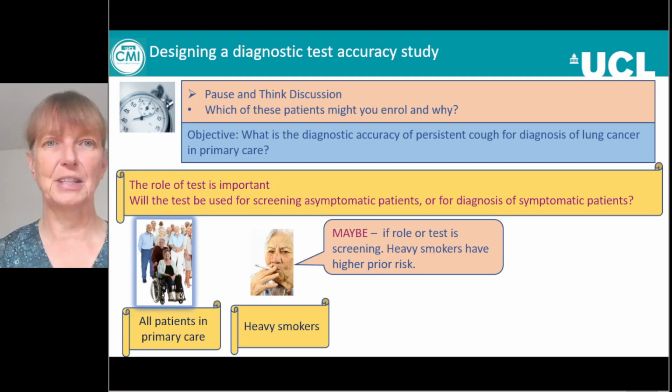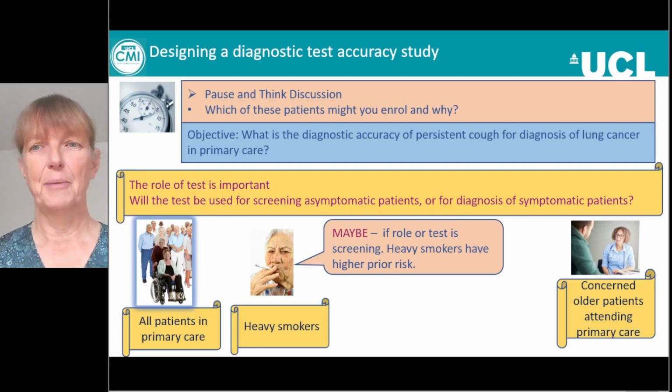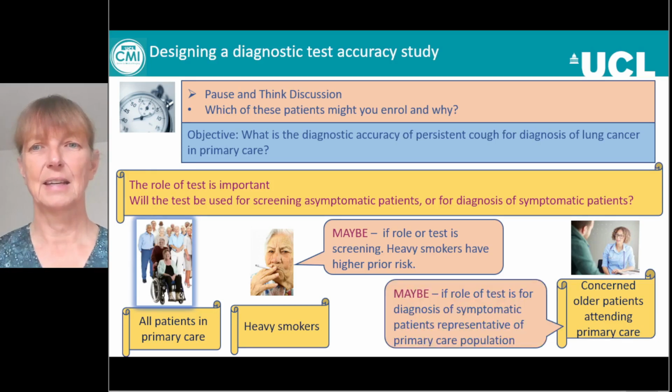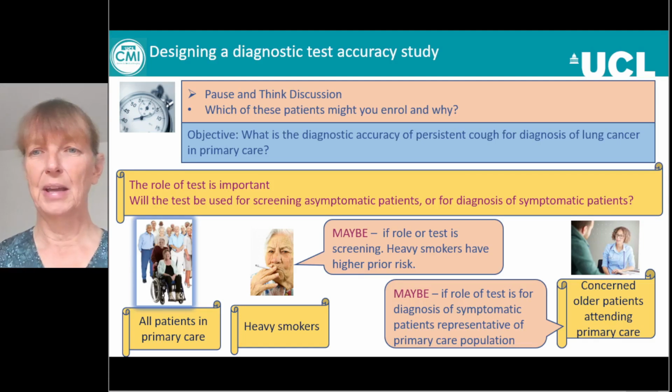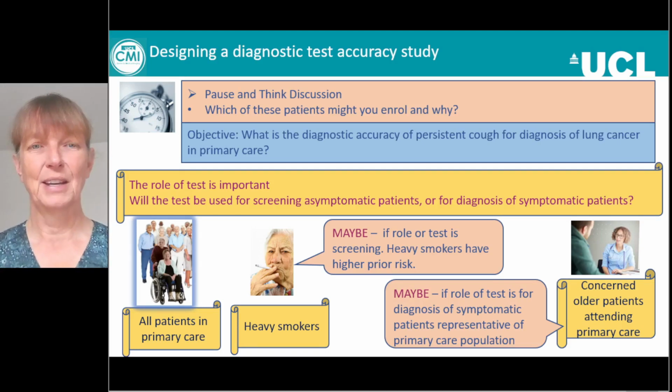We know that lung cancer is primarily caused by smoking. Okay. But if we were interested in people who had symptoms already, then we would be looking at these concerned older patients attending primary care, because they're concerned because they've probably got some other symptoms they think might be connected with cancer, and that's why they're turning up at their GP with this persistent cough, worried about it.